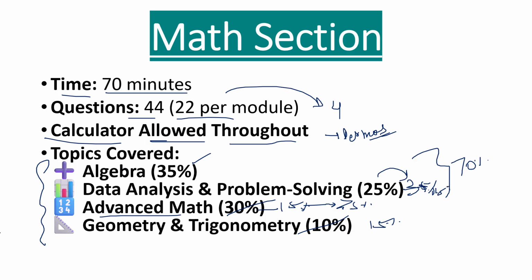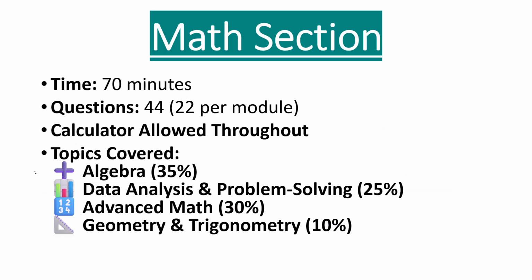So it just varies, but I'm going to tell you algebra is definitely going to be 35% and advanced mathematics is also going to be 30 to 35%. Okay, and 25, don't take that, take 15%, and take this also as approximately 15%. Okay.